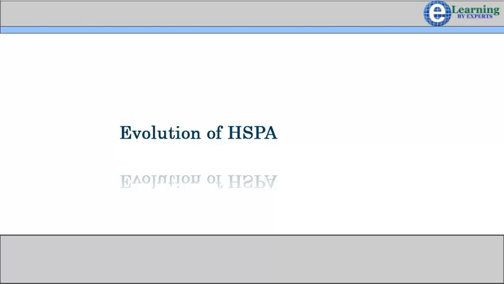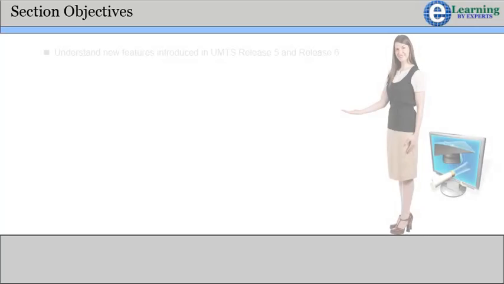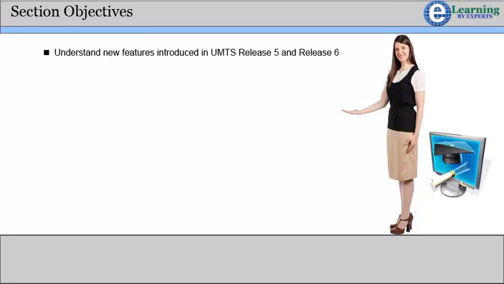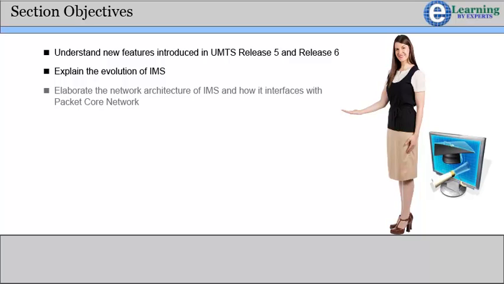After completing this section, you will be able to understand new features introduced in UMTS Release 5 and Release 6. Explain the evolution of IMS. Elaborate the network architecture of IMS and how it interfaces with Packet Core Network.